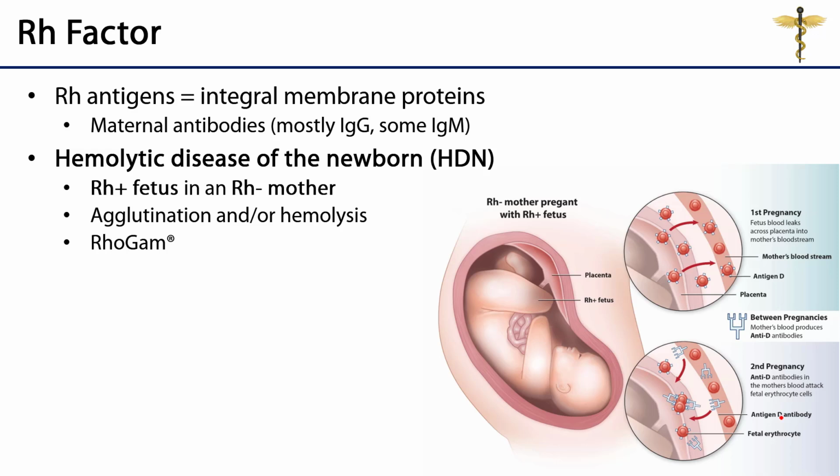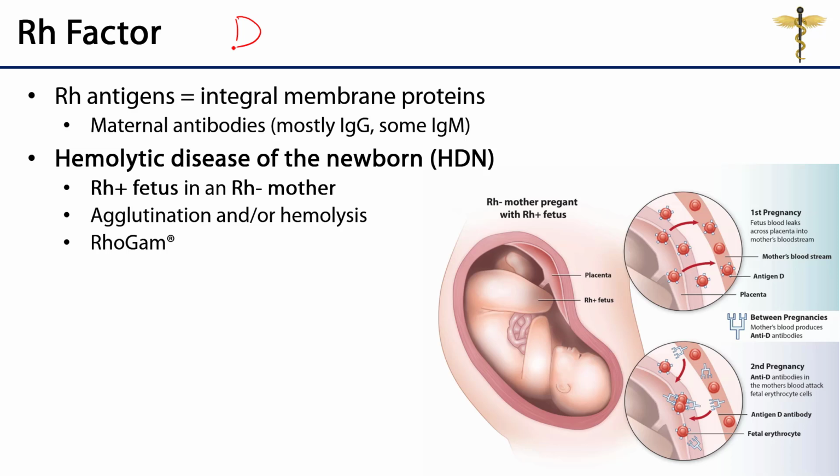The one in particular with the ramifications for health that we care about is the D factor. The allele coding for D is dominant. In order to be Rh negative, you would have to lack both D alleles. To be positive, you would only have to have at least one.